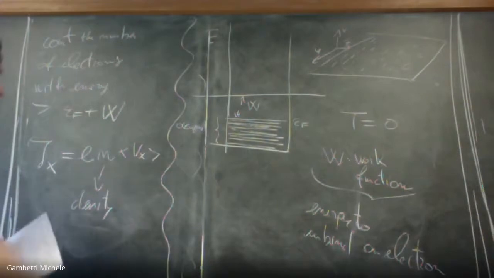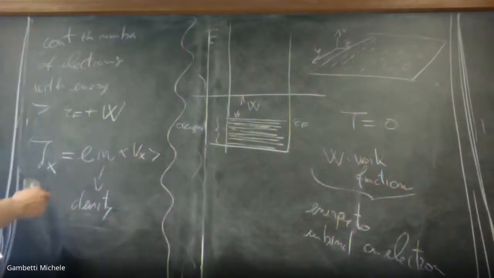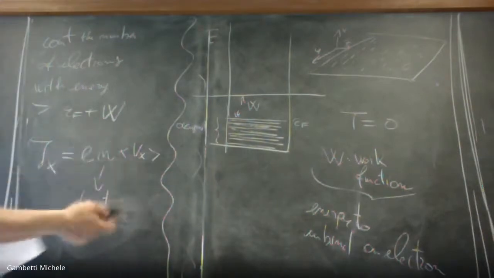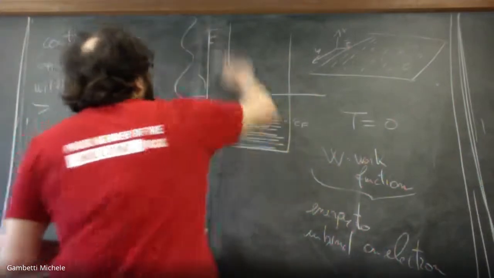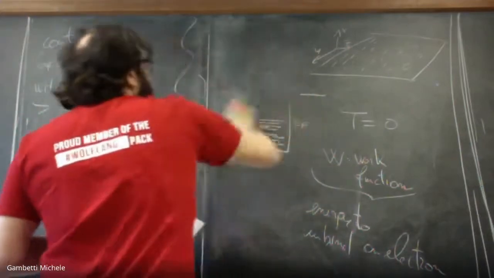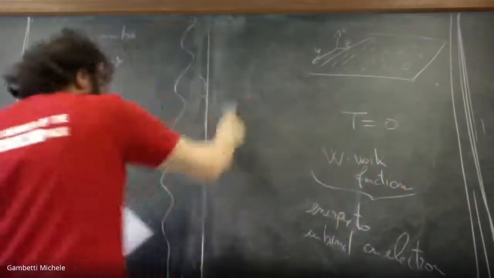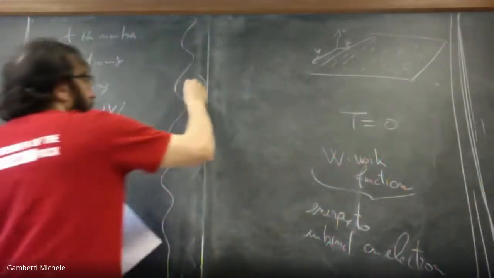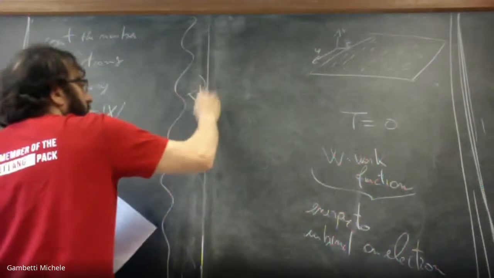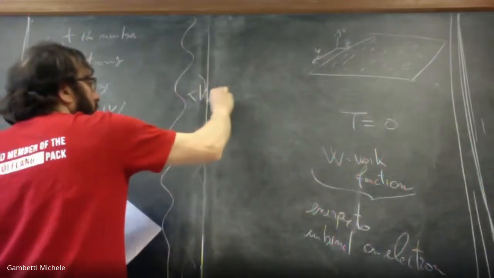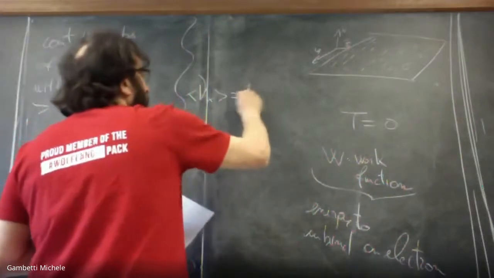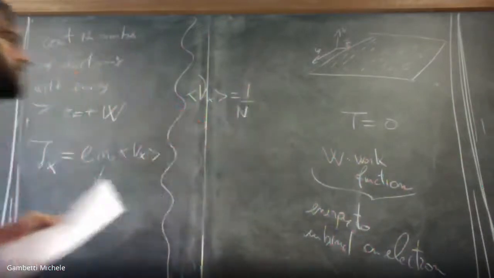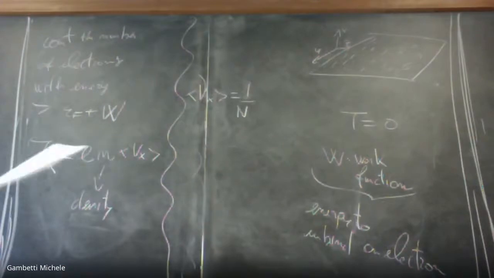So basically the thing is to compute the right number of electrons that can jump outside the material, which is to compute this average velocity in x, that you write in terms of 1 divided by N, a normalization, where N is the total number of electrons.